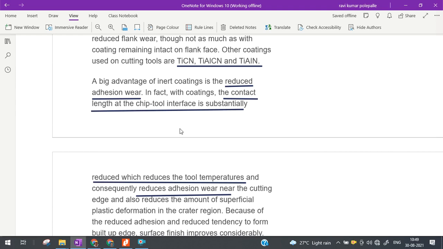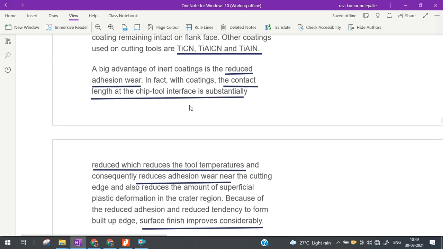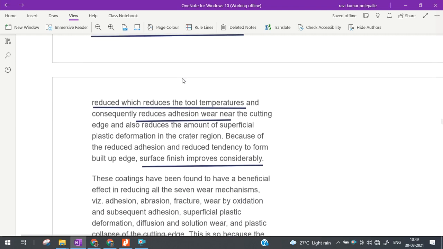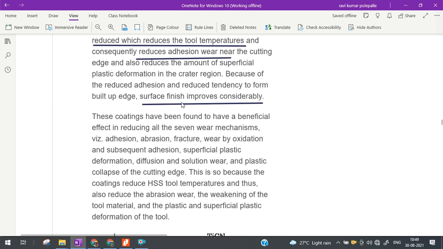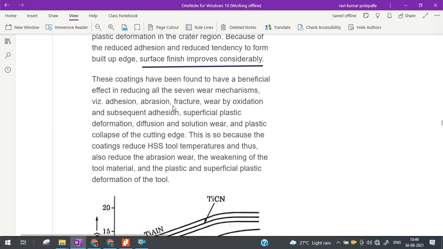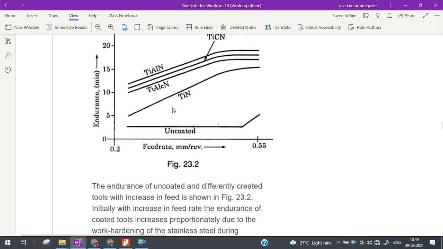That means they are going to avoid crater wear particularly. Presence of this coating will reduce the contact length at the chip tool interface also. That is also seen. And finally, surface finish is also improving considerably.